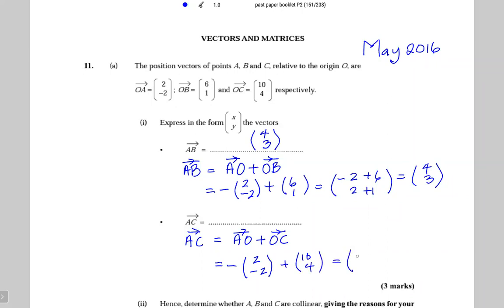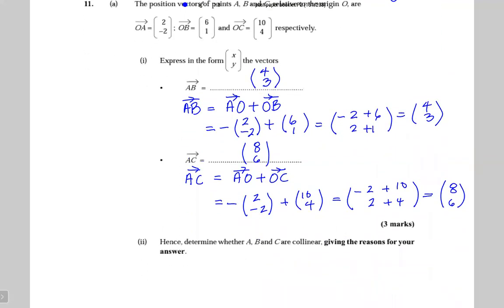So this is -2, 2, because a negative times a negative is a positive, plus 10, plus 4. And so this is (8, 6). 8, 6 is the same as saying 2 is common, so you can put the 2 outside.